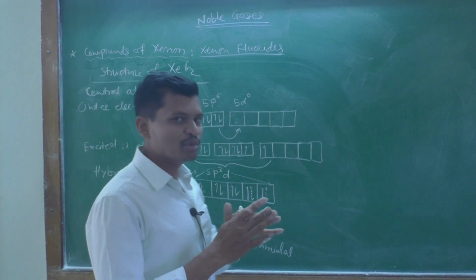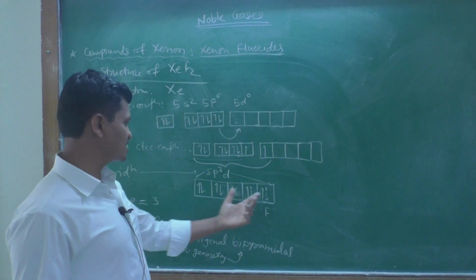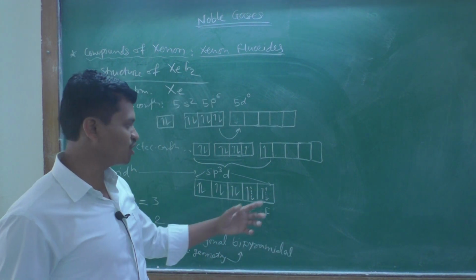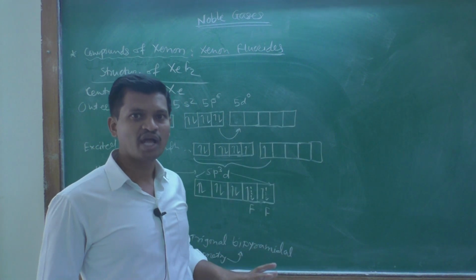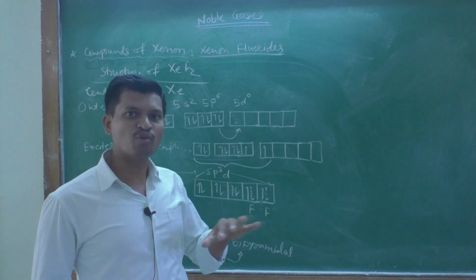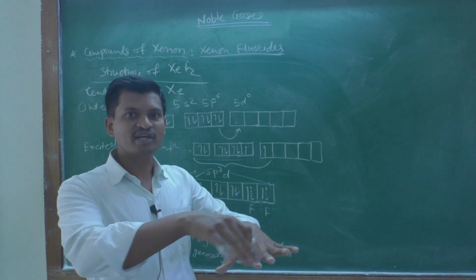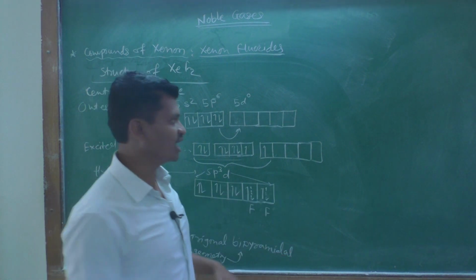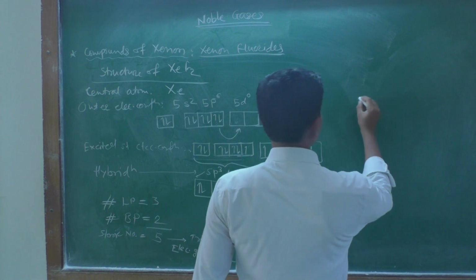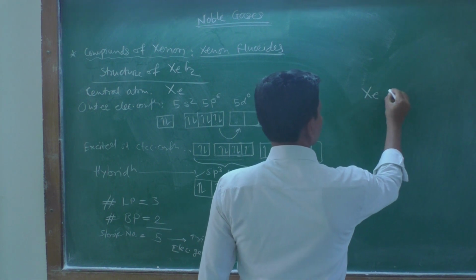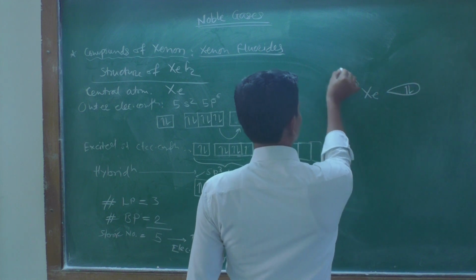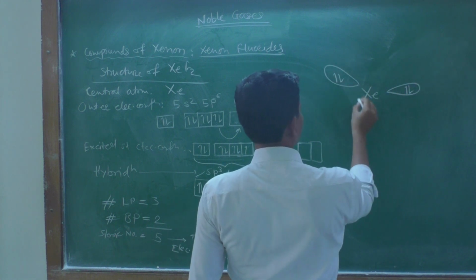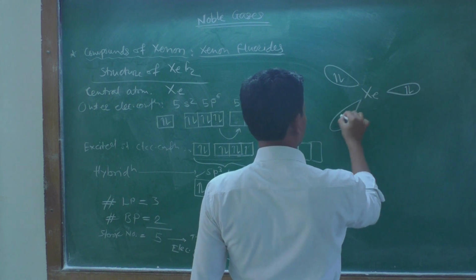But to minimize the repulsion between the bond pairs and lone pairs, the bond pairs occupy the axial positions of this trigonal bipyramidal shape, and the 3 lone pairs occupy the planar triangular face, okay. So we can show this is one lone pair, second lone pair, and this is the third lone pair.